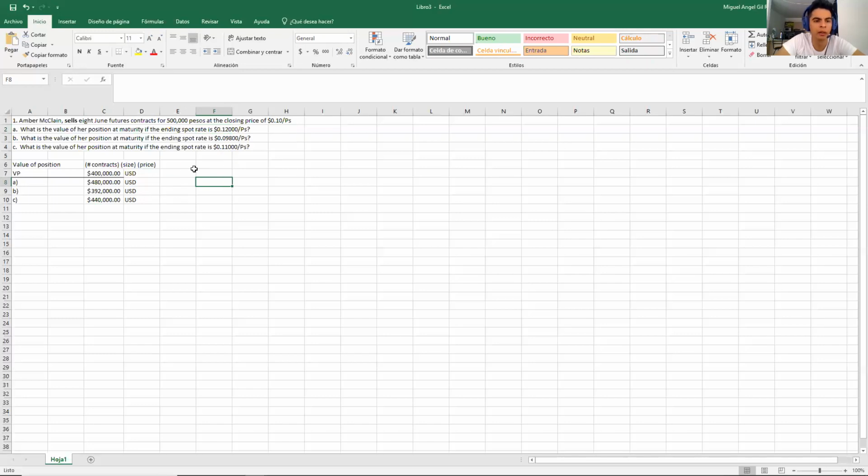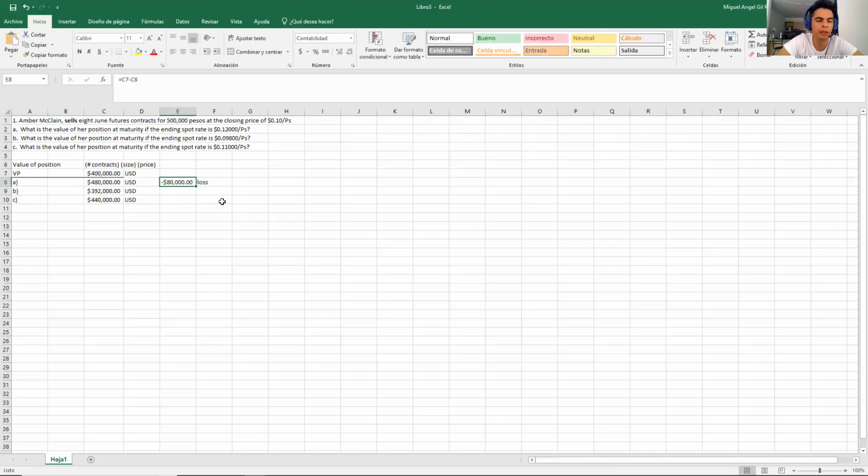Because I could be earning this amount of money from selling my pesos in the market, but instead I am forced to sell it at this price. So that's why in here it will be a loss in the first exercise, in letter A.